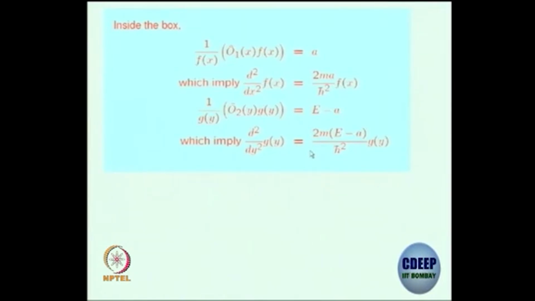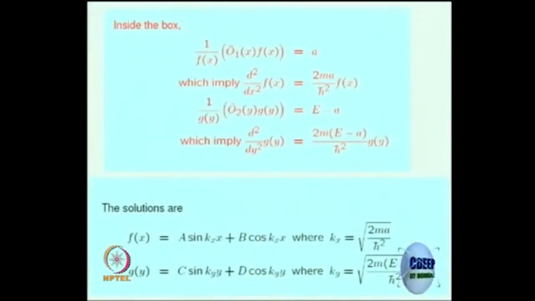What is the solution? Very simple. Sure, all of you know the solution. You can write the first one as f of x equals a sin kx plus b cos kx, similarly g of y. You put a subscript x for the k just to keep track, so kx is root of 2mA by h cross squared and ky is root of 2m(E minus A) by h cross squared.